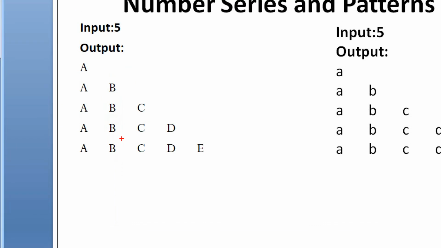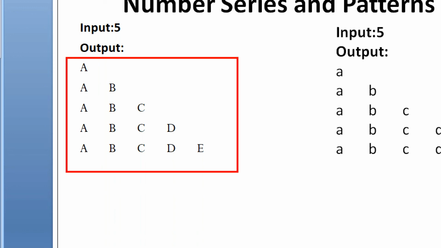Okay, instead of numbers here, I want to get characters. Like first time print A, second time print B, third time, okay, ABC, then ABCD, like this we will print.